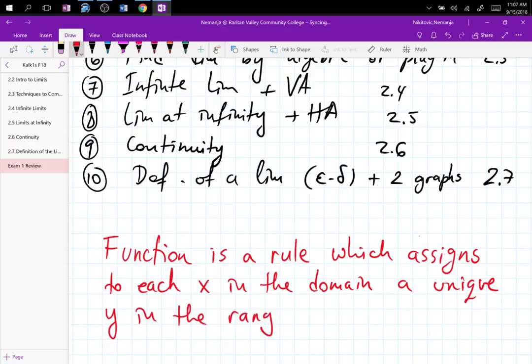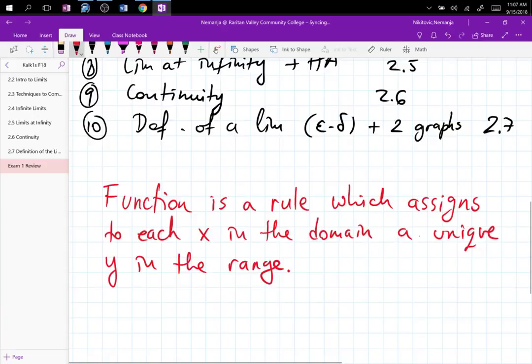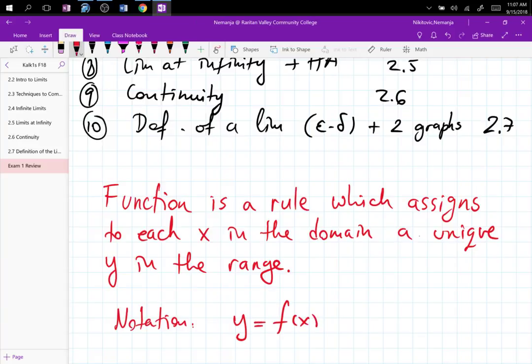Notation: y equals f of x. The words that we have to underline are rule, domain, range, and the word unique is underlined twice.